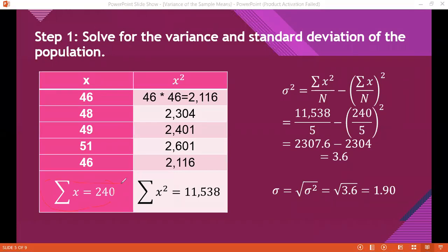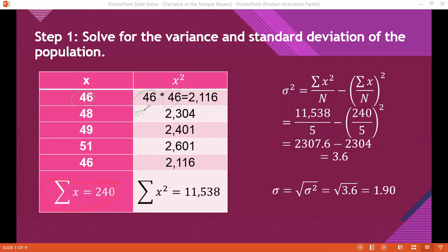Let's change the color. Green. Then for x squared, you should have another column for x squared. What does x squared mean? Your x, you multiply it by itself. So you have 46 times 46 equals 2,116. Same with the next one.